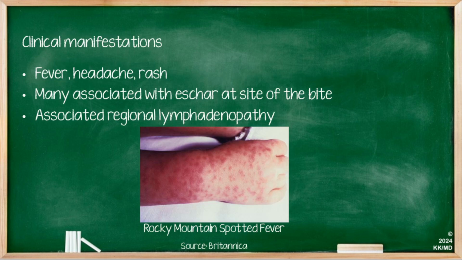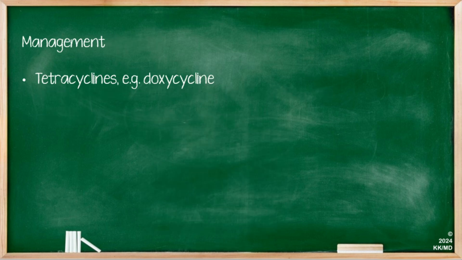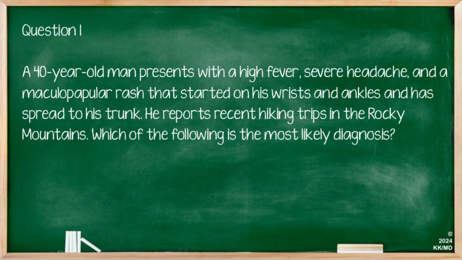The picture shows a case of Rocky Mountain spotted fever, and that's the classic type of rash that you would be expecting in a case of Rickettsia. The management of this, on the other hand, is really quite straightforward and simple, and it is with tetracycline antibiotics such as doxycycline. So let's do a question.